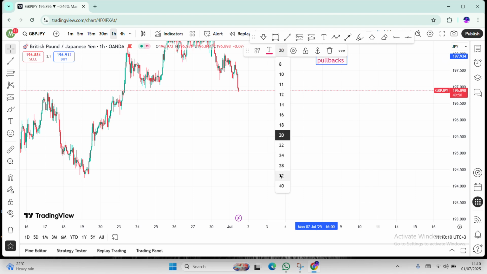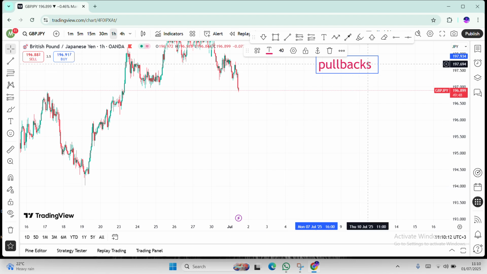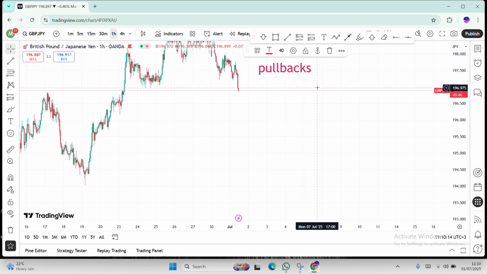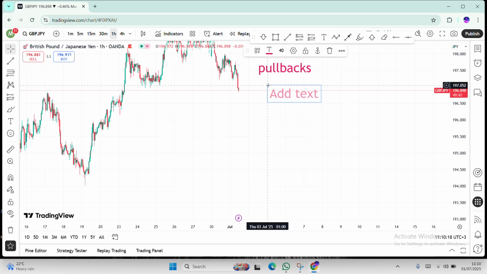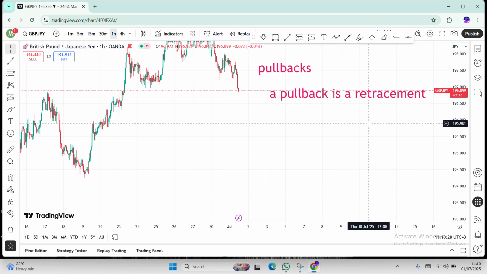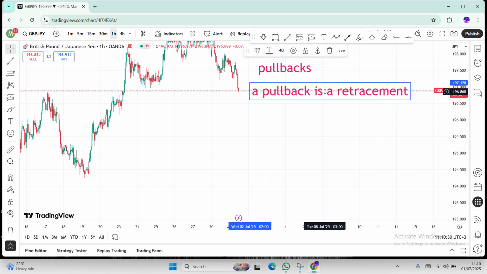Let me increase the size so that you guys see properly. So we are going to look at pullbacks. So what is a pullback? In simple terms, a pullback is a retracement. So a pullback is simply a retracement in your market or on your charts.